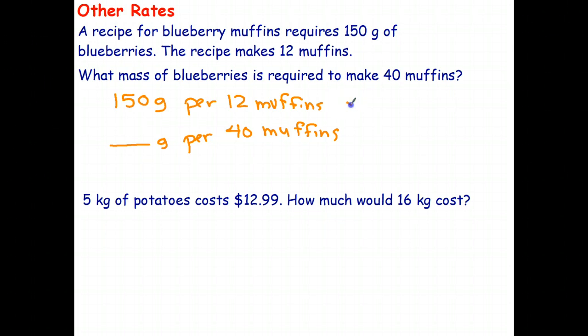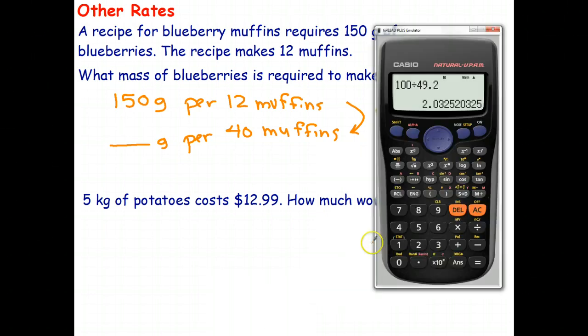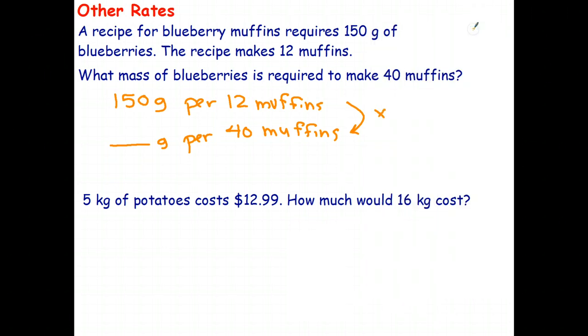Now, the method of solving it is much the same as ratios. You say 12 times what gives us 40. Well, I'm not too sure, so I'm going to go ahead and use my calculator. I've got to divide. 40 divide 12. And I get 3.3 recurring.